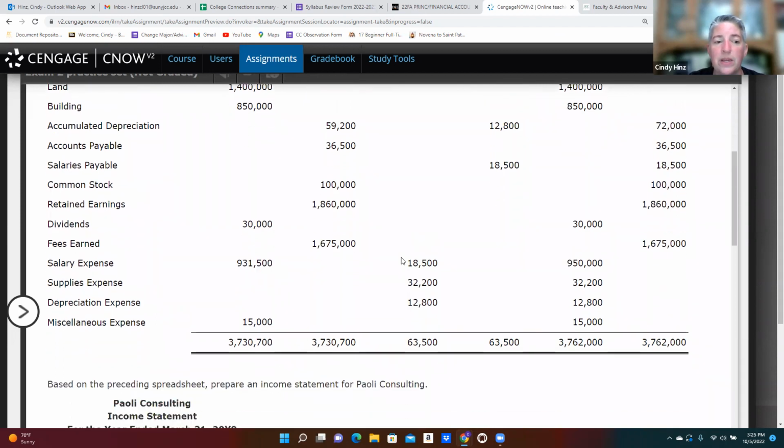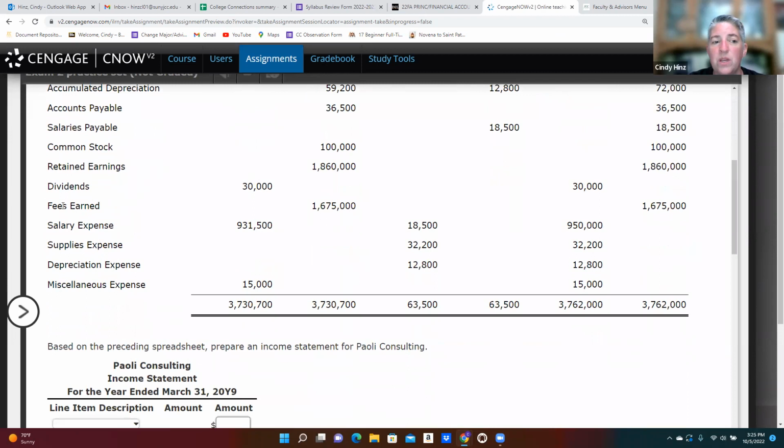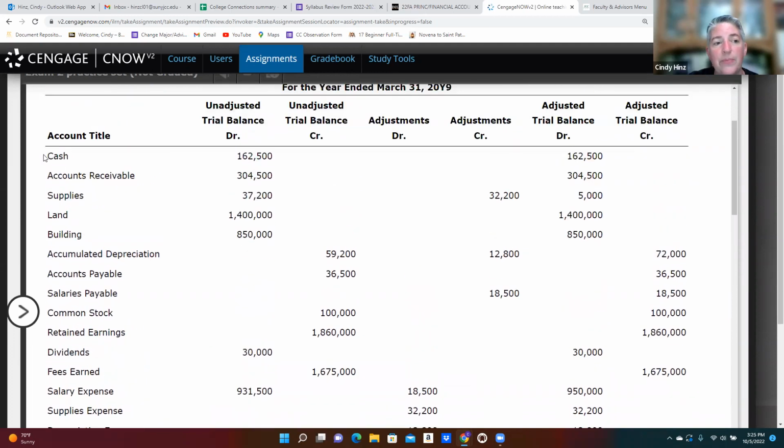And of course, we're doing an income statement, which means we're using the ending accounts, the final accounts on this trial balance. The chart of accounts is always listed in the same order: assets, liabilities, permanent equity, dividends, revenues, and expenses. If we were to look at this, you can see that. So we have cash, accounts receivable, supplies, land, building, accumulated depreciation. All of those are asset-related accounts.